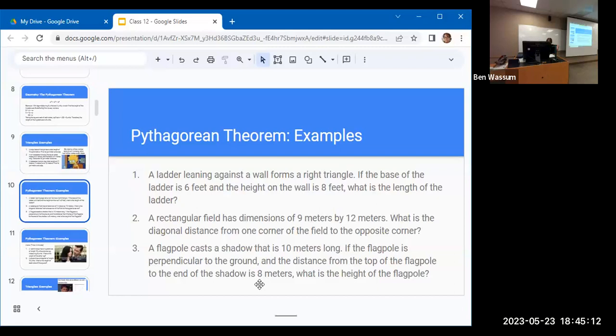The next one says a rectangular field has dimensions of 9 meters by 12 meters. Now go ahead and draw that real quick. What is the diagonal distance from one corner to the opposite corner?